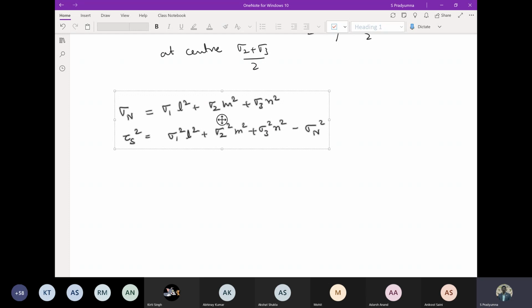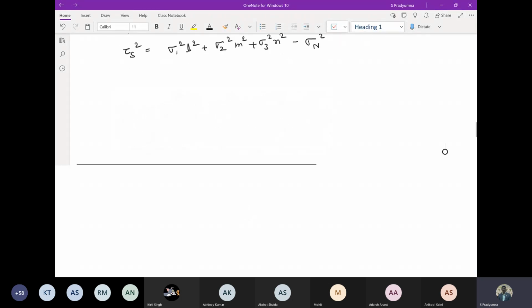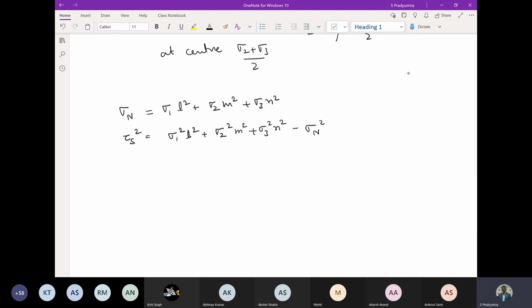Okay, now let us consider these 2 equations. So in this equation, let's say I consider the first equation from this.